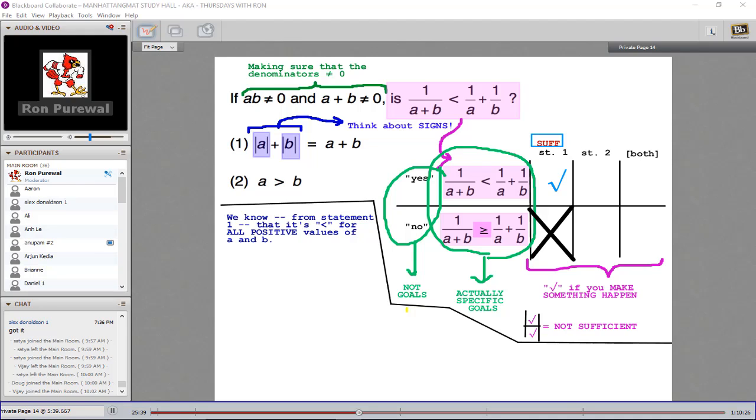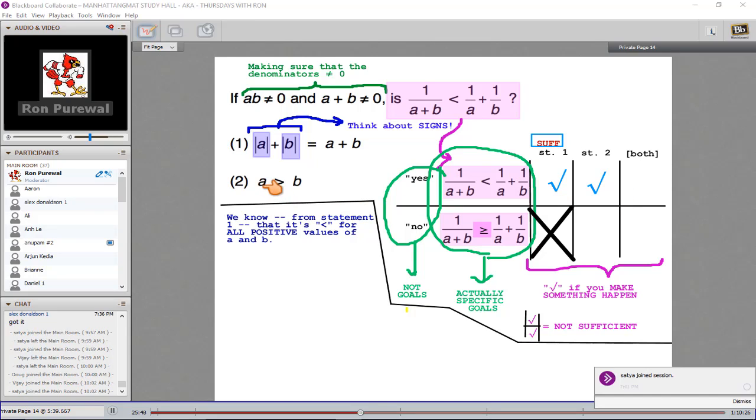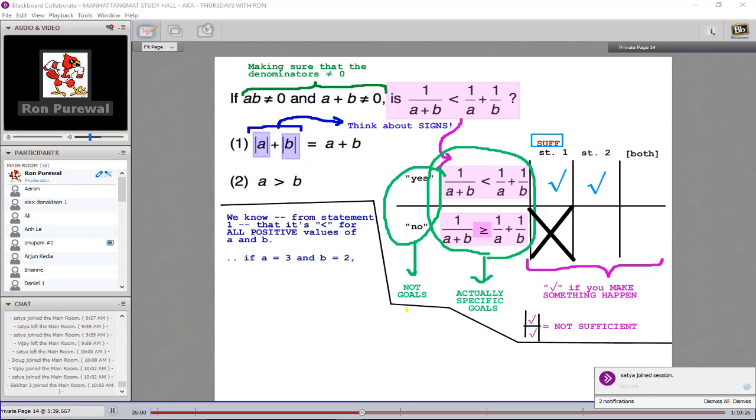So in other words, we know that we can check this box too. If you wanted to test a case, we could always test a case. If I plug in a positive A that's bigger than a positive B, it's going to work out like that. For example, if A is 3 and B is 2, then the left-hand side is less than the right-hand side, because that's just what always happens whenever they're positive.